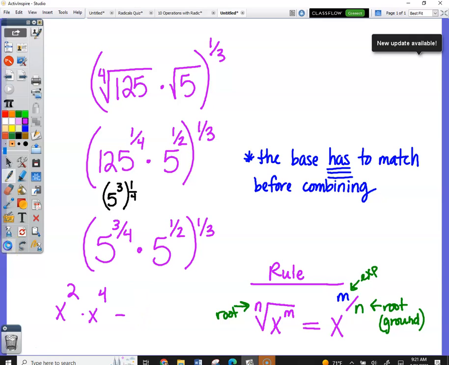So we're going to add those exponents. You would do that in your calculator. 3/4 plus 2/4. See how I did that? 2/4, because now they match. Would be 5/4, right? That'd be 2/4. 3 plus 2 is 5.